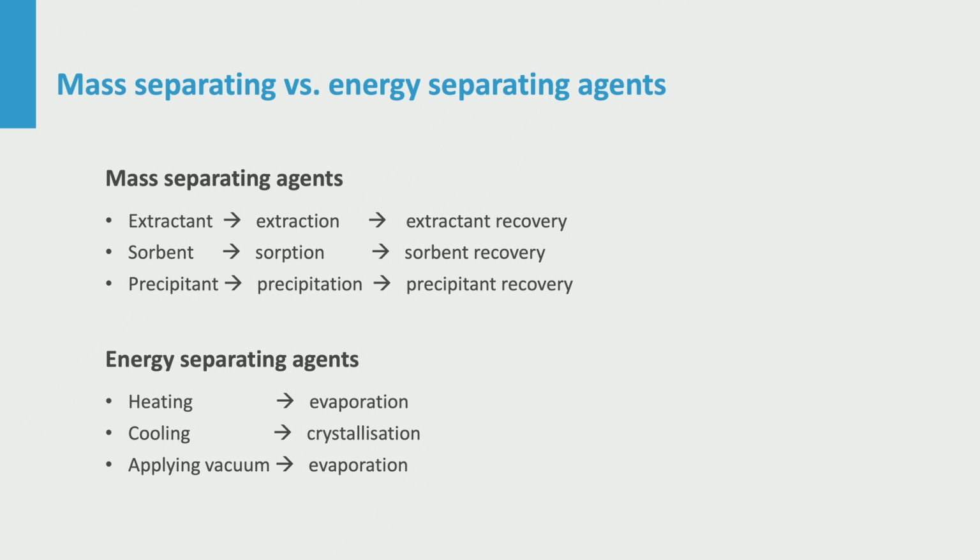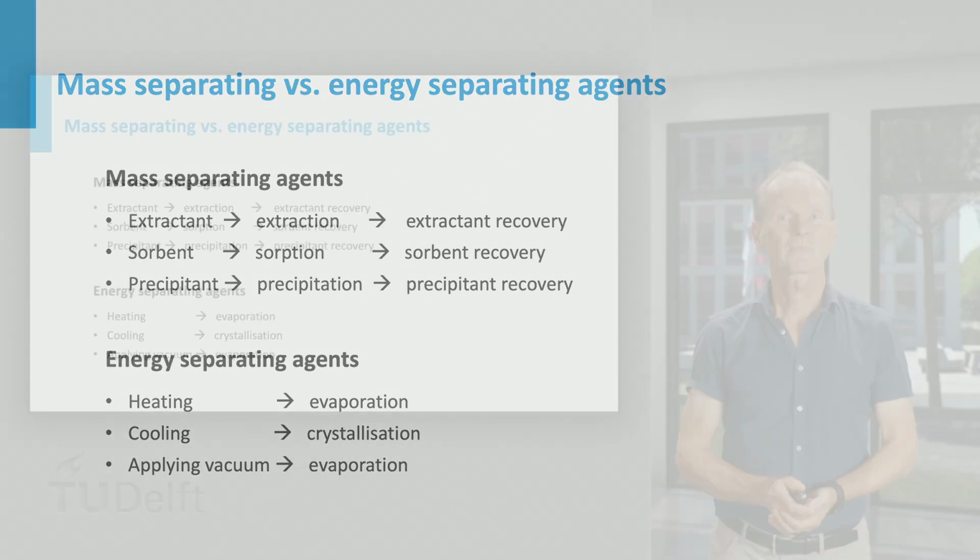Mind that a mass separating agent introduces a new component. We have seen that this leads to an extra separation unit like extractant evaporation or desorption. Energy separating agents are needed to recover mass separating agents. If mass separating agents can be avoided, DSP may be simple.